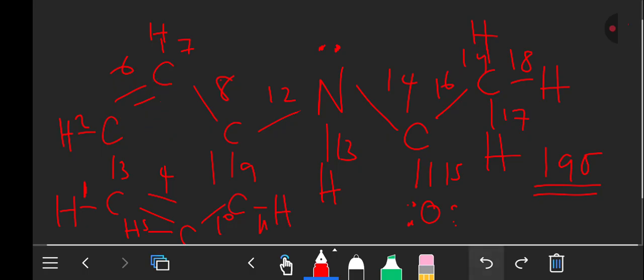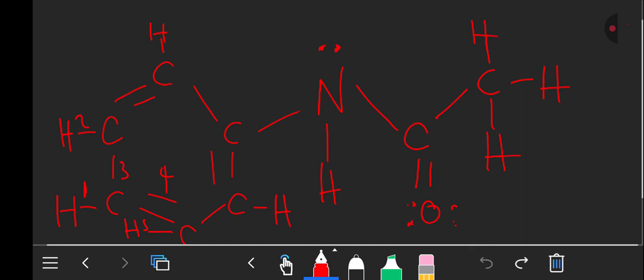Now the next thing we are asked in this question was to determine the hybridization of carbon, nitrogen, and also oxygen. So let's start with the hybridization for this oxygen here. We can see that there are 3 things attached. So there are 2 lone pairs on oxygen and also a bond there.